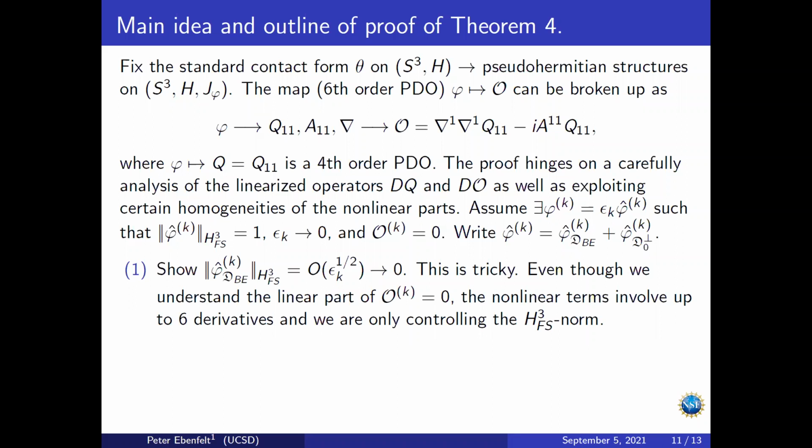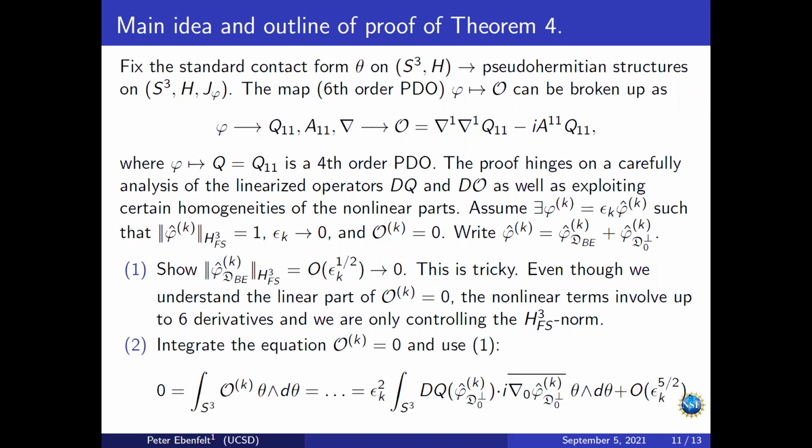We're only controlling 3 derivatives. So this is where you need to know a little bit about the homogeneity. You need some more qualitative information to actually prove this. So this takes up the most part of the proof.